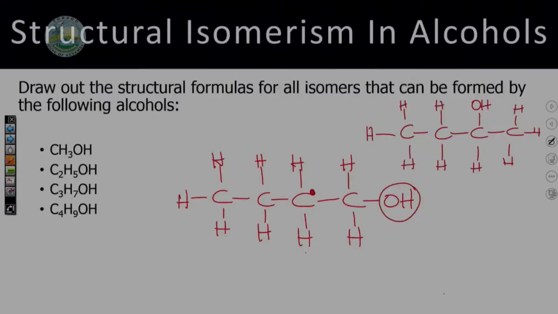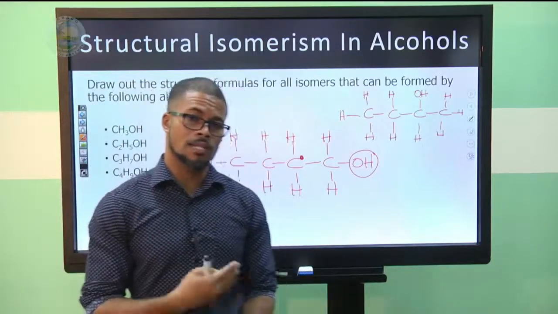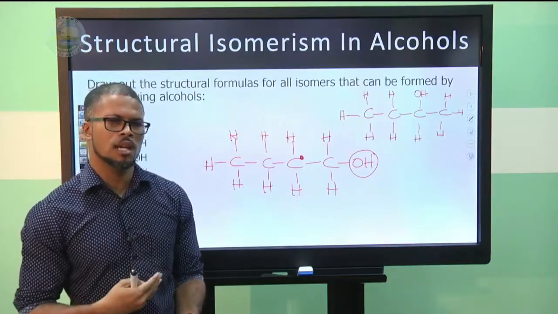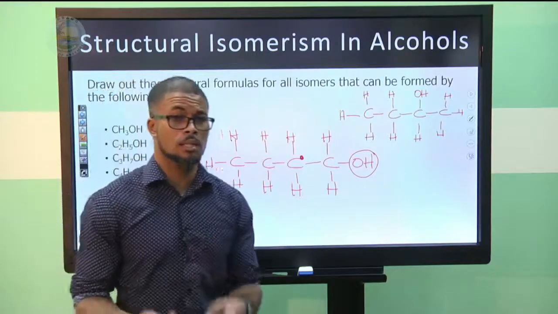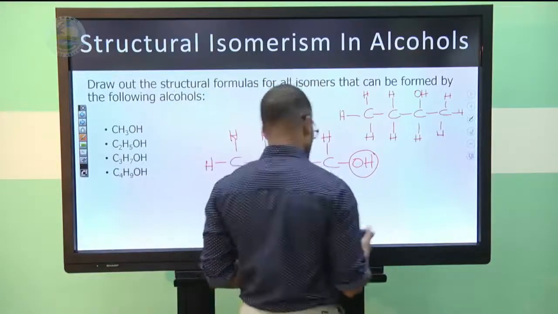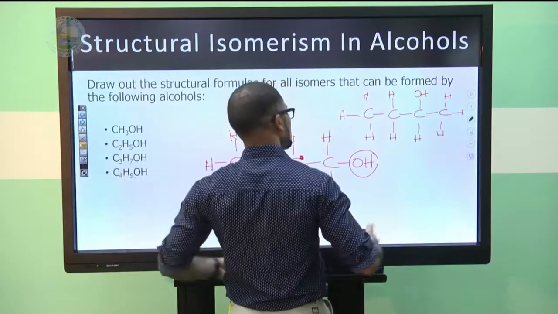All right, so, okay, let's see if we move the functional group down again. If we move that functional group from that second carbon we placed it at, and we add it on the adjacent carbon, what is going to happen? Let's check and see. Are we going to have the same compound? I can hear some of you all saying, yes, sir, we are going to have the same compound.